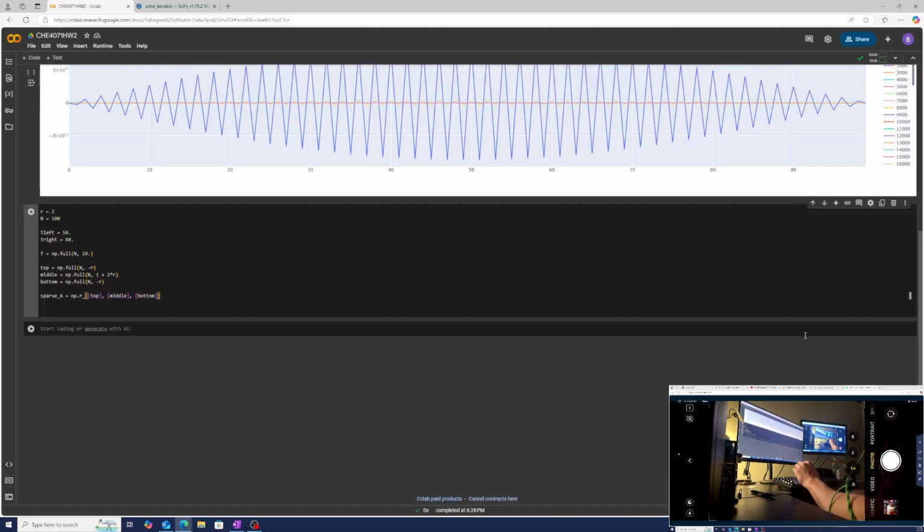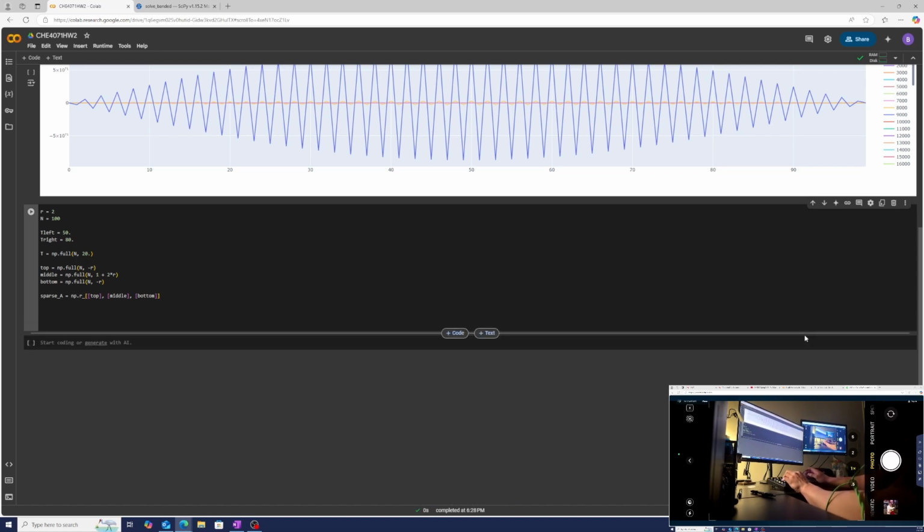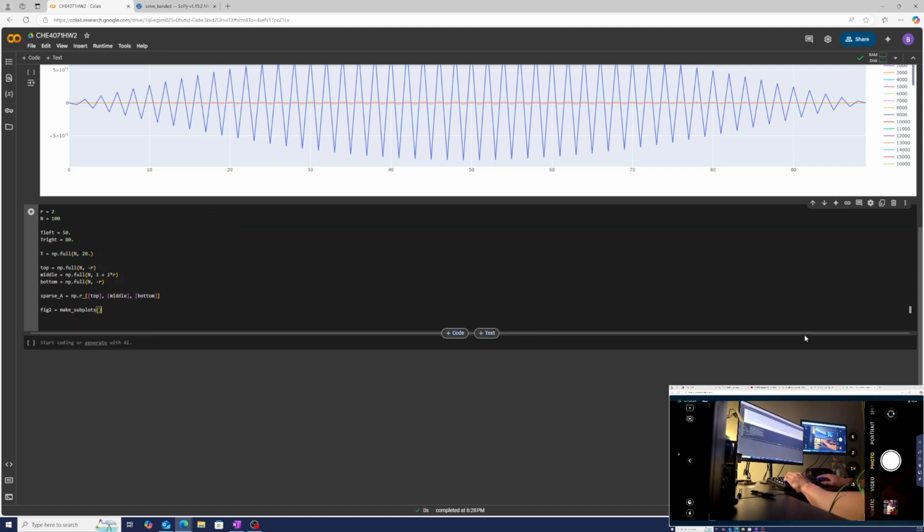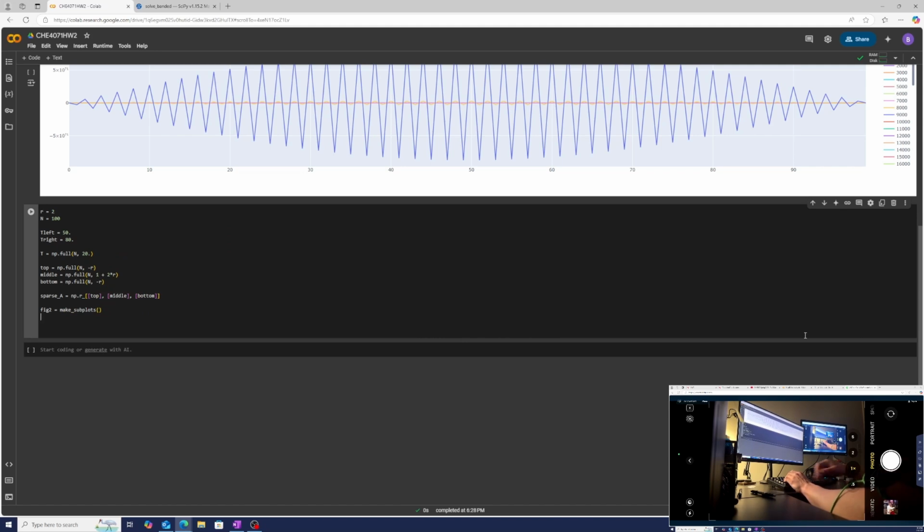We now need to plot out what our diffusion will look like. So to do that, we'll need to make our subplots. So we'll call our figure, and we already have a figure up top, so we'll call it figure 2, is plt.subplots, open bracket. And then we need to have an x-axis for this, which is going to be our position.